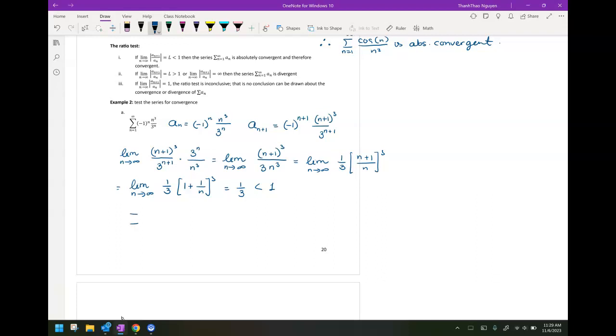Then I conclude that the series from n equals 1 to infinity of -1 to the n times n to the third over 3 to the n converges by the ratio test. And this is absolutely convergent.